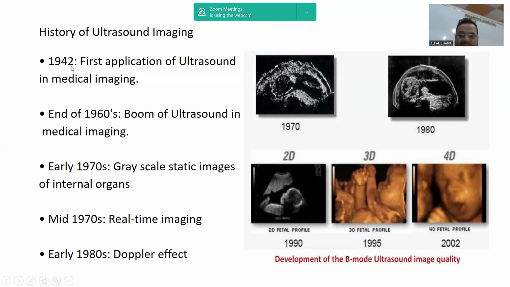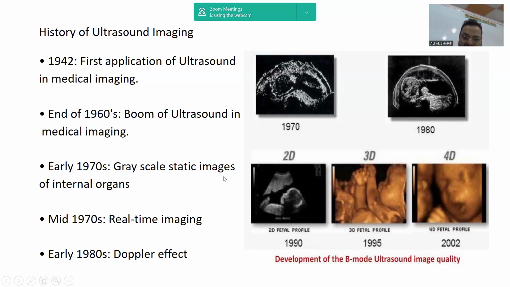The first step started from this year, 1942. By the end of the 1960s, a boom of ultrasound in medical imaging. Here we can see this picture of a baby.